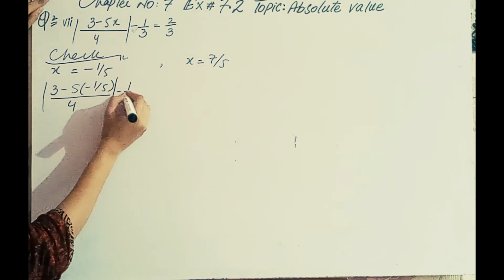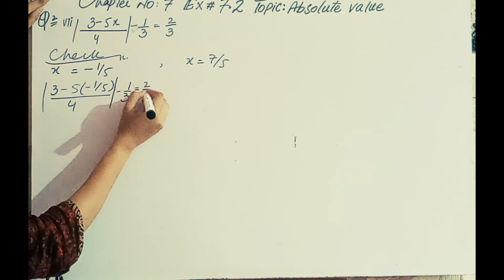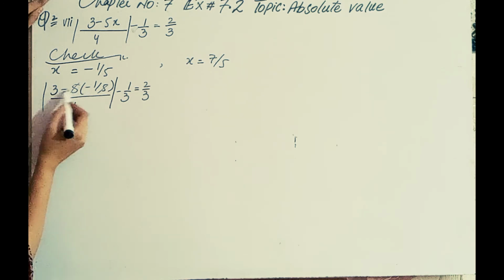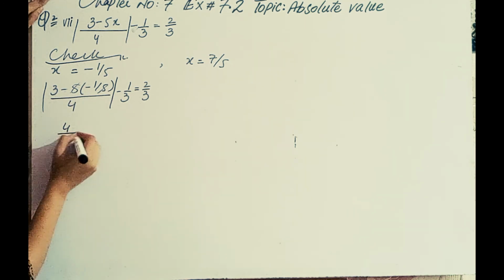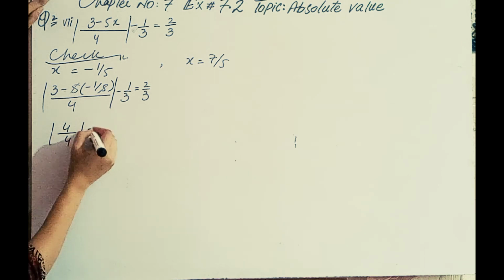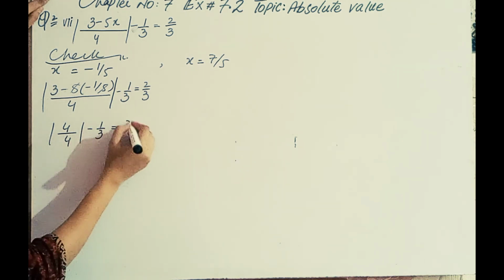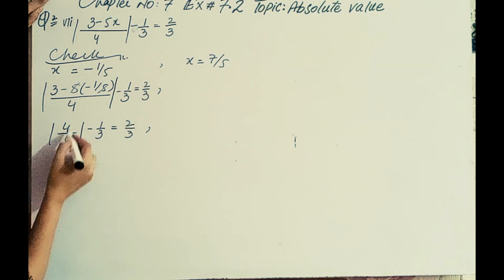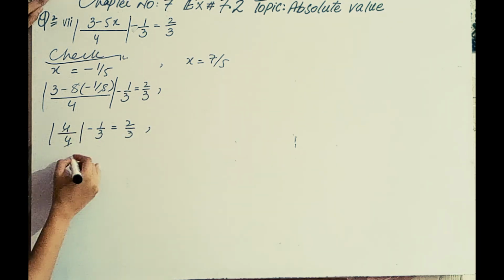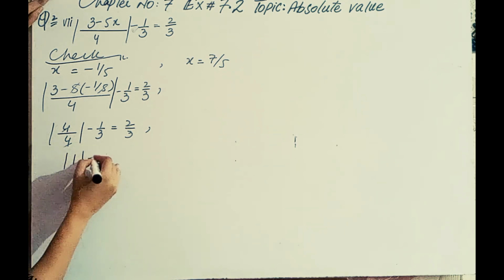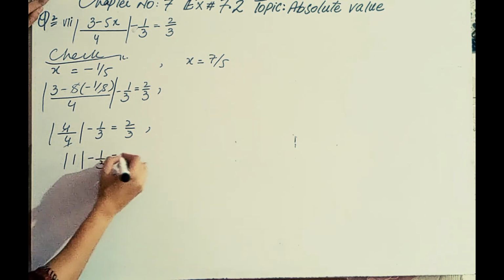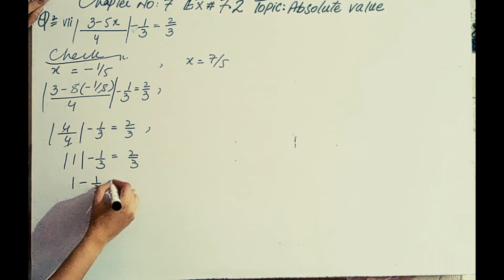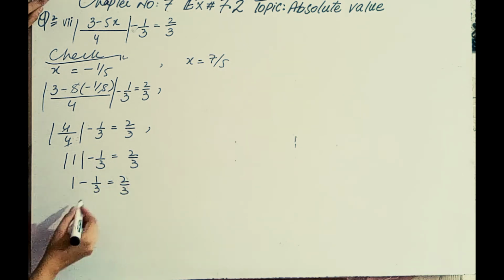Outside is minus 1/3 equals 2/3. The 5s cancel. 3 minus minus 1, that is 3 plus 1, will be 4/4. Outside minus 1/3 equals 2/3. The 4s cancel and 1 comes. The absolute value of 1, minus 1/3 equals 2/3.